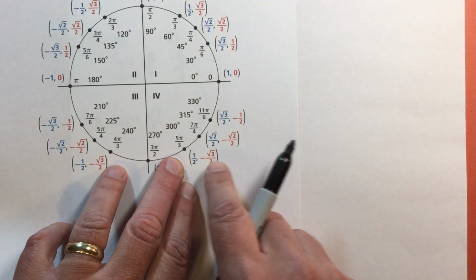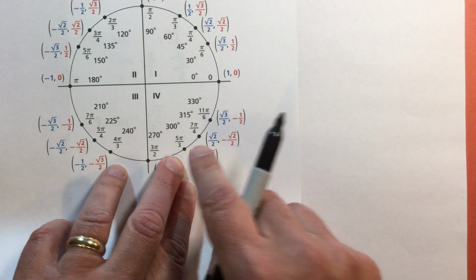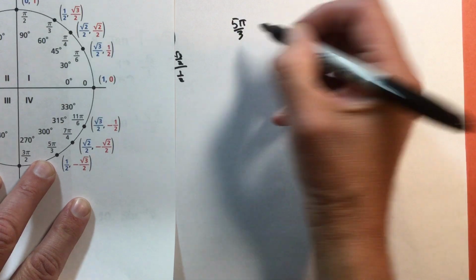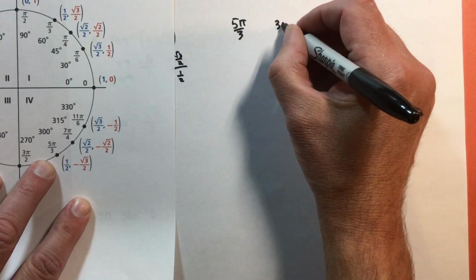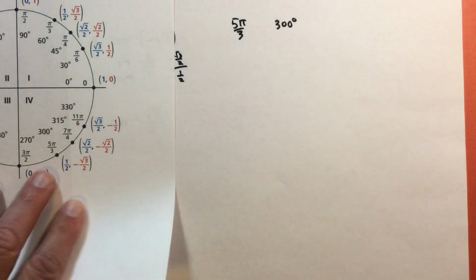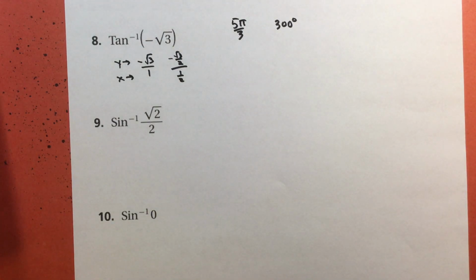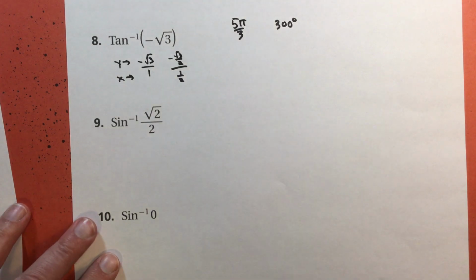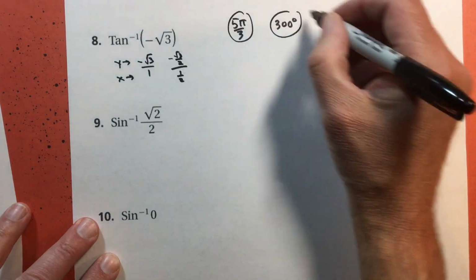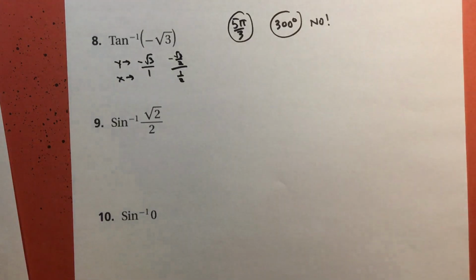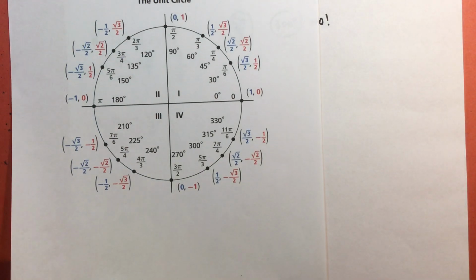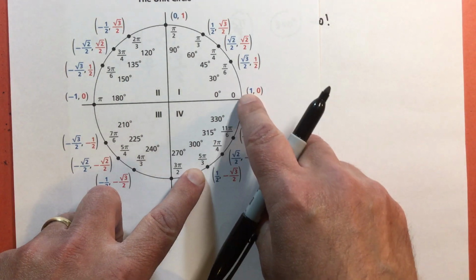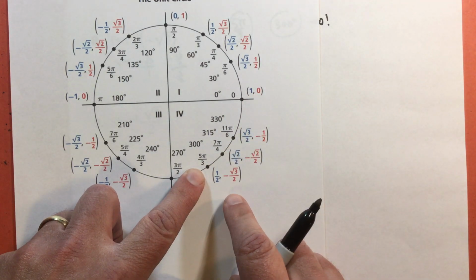And I know that I only want 1, so I'm going to write 5 pi over 3, which is also known as 300 degrees. And when I get that back on my test, it's going to be marked wrong. And before I get upset, I have to remember that that's not how it works in quadrant 4. Yes, I want to go where 5 pi over 3 is, but I need to go in the negative angle of rotation direction.